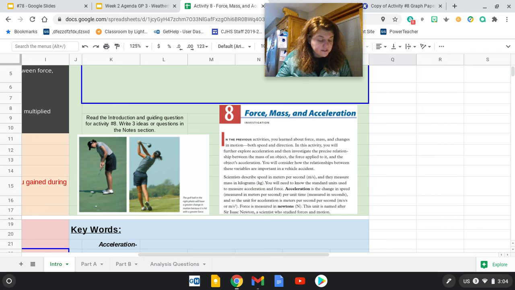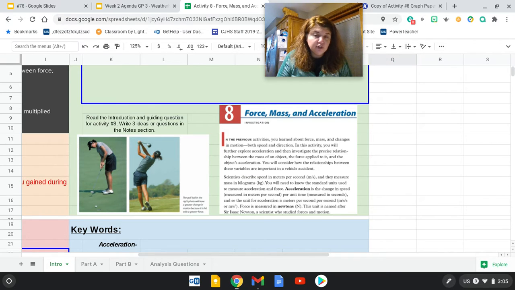So the unit for acceleration is meters per second per second, m/s/s. Or you can write that as meters per second squared.